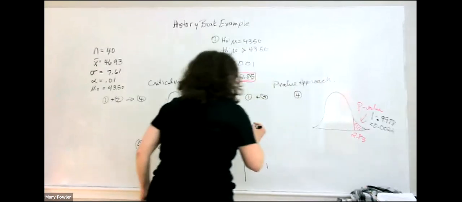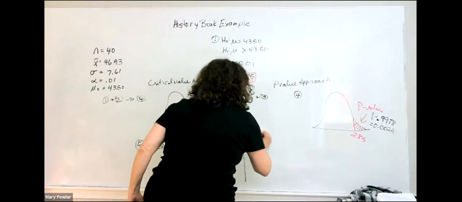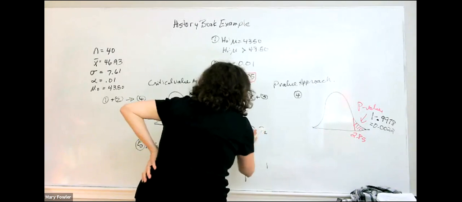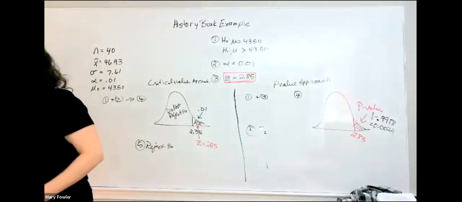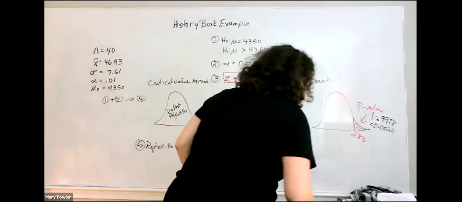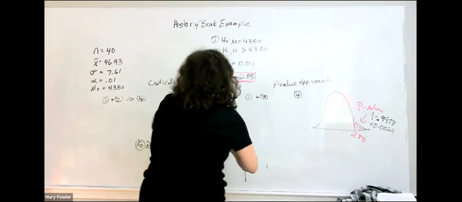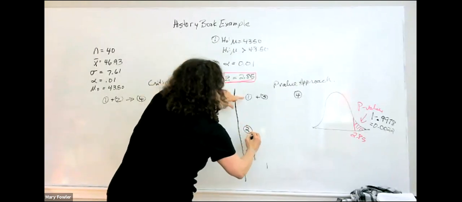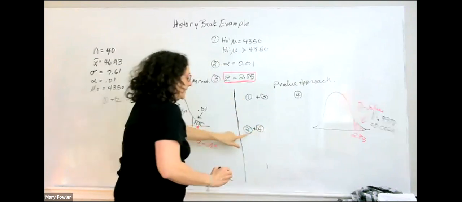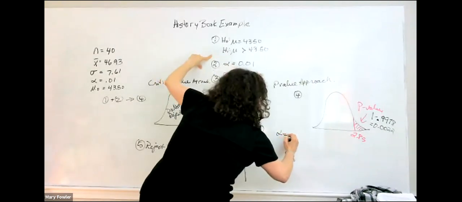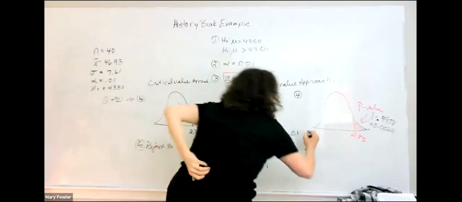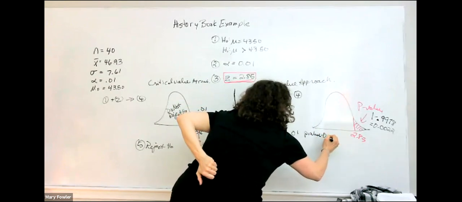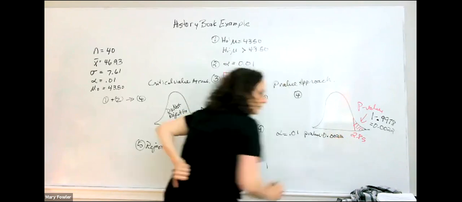And then the 5th step in the p-value approach is to reject or not reject. For this step, we're going to compare the p-value to the alpha value. So we're going to use step 2 and step 4. We're going to look at alpha, and then we're going to look at the p-value, which we got as 0.0022.